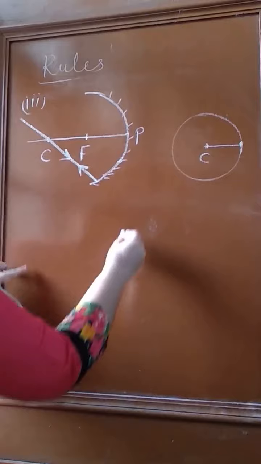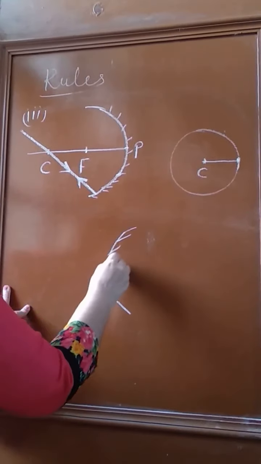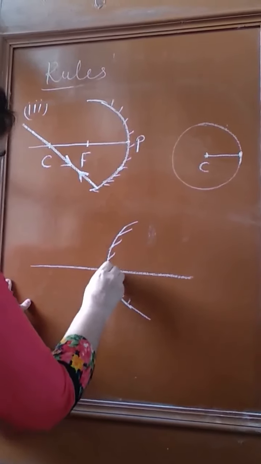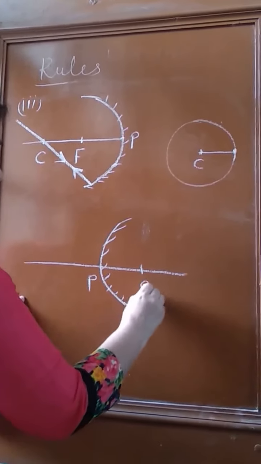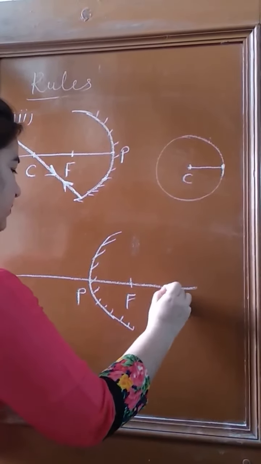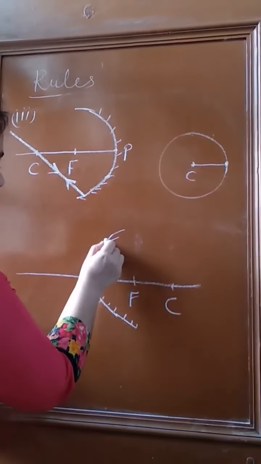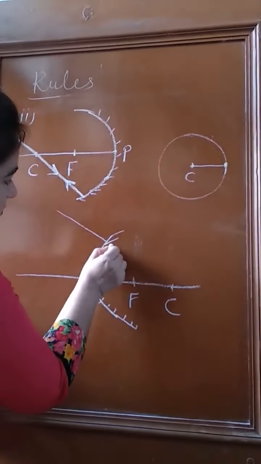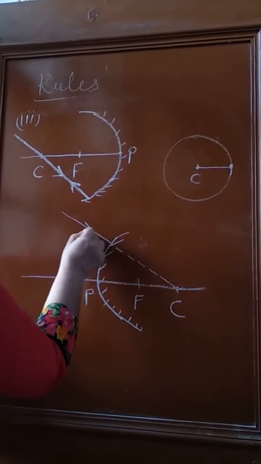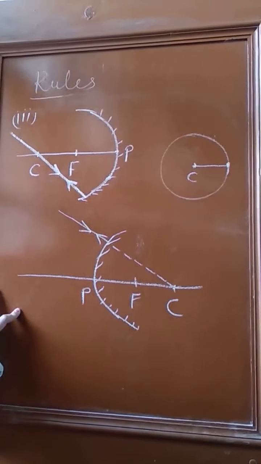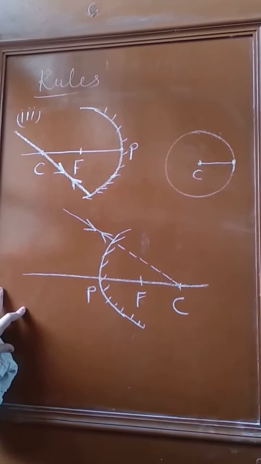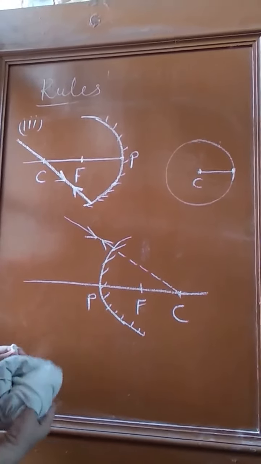In the same way, for the convex mirror, it will be shown by a single line only from the center of curvature.